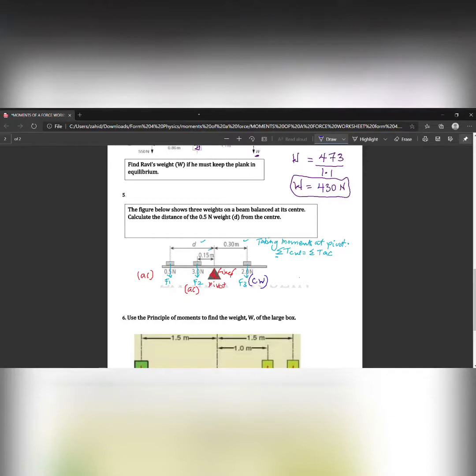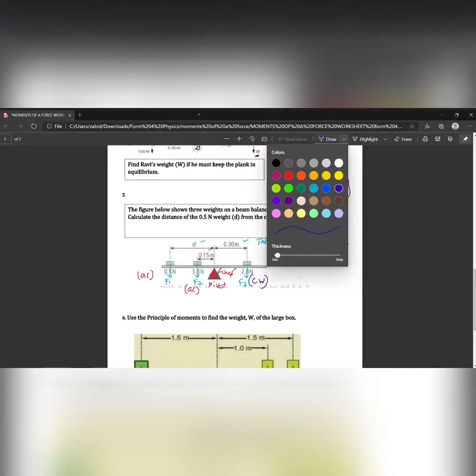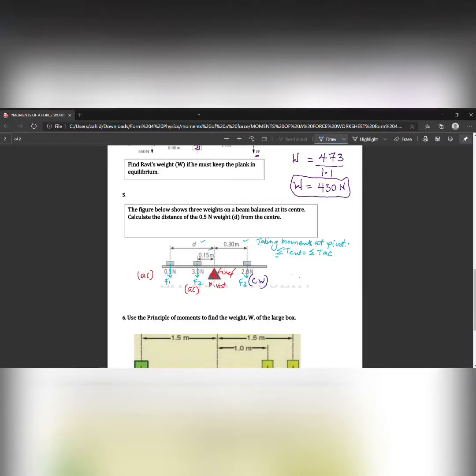So let's substitute here. Our clockwise force is 2 newtons multiplied by our distance from the pivot, which is 0.3. We're good to go. Anti-clockwise, let's take F1 first.